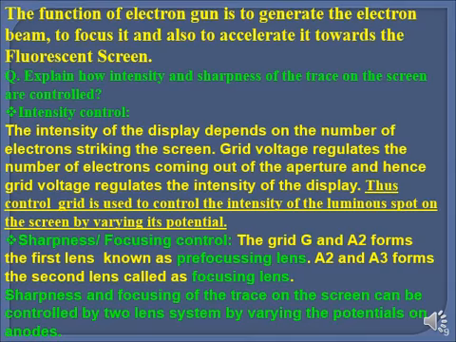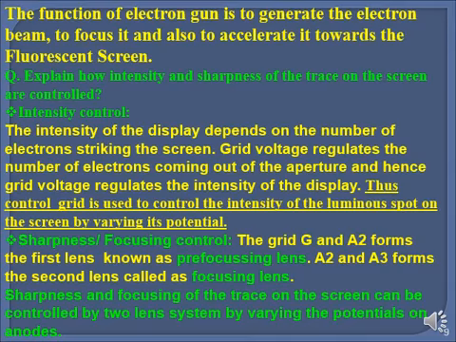But if we decrease the grid voltage, that means the grid is made less negative, then it will allow more electrons to pass toward the screen, so the intensity of the electron beam will increase on the screen. Hence, the control grid is used to control the intensity of the luminous spot on the screen by varying its potential.